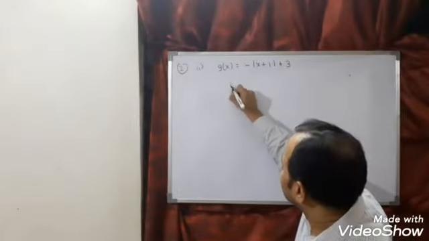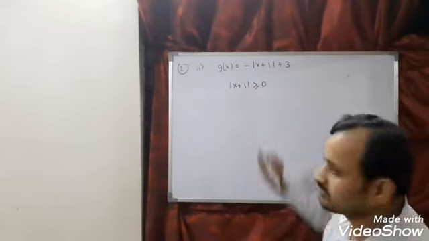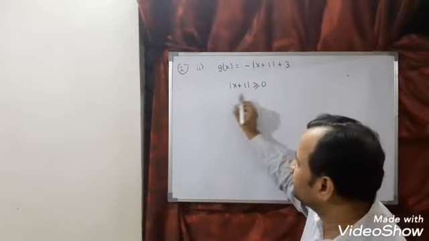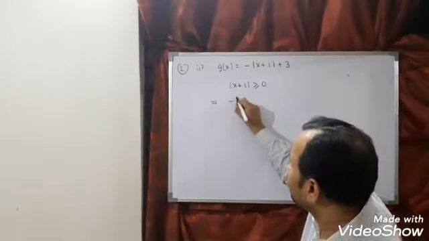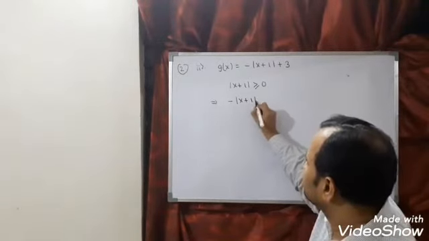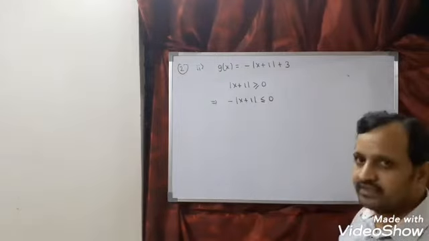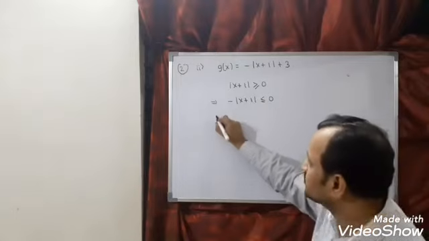Can I say that mod of x plus 1 is always positive? Now minus is there, so I am multiplying by a negative sign. When we multiply by a negative sign, the inequality sign changes. So minus mod of x plus 1 is less than or equal to 0. Next, we have to add 3. Add 3 on both sides.